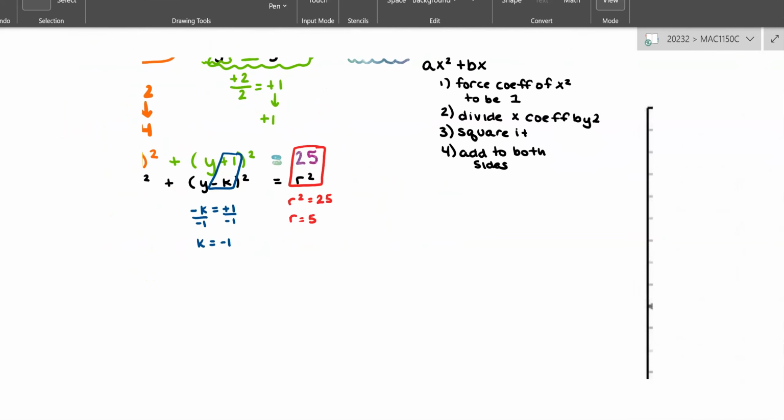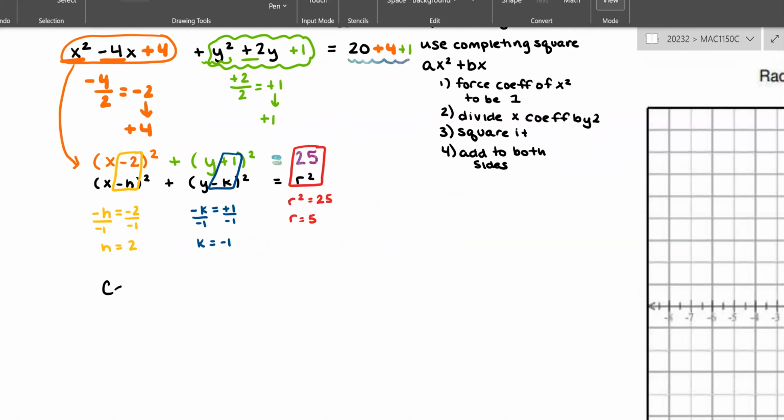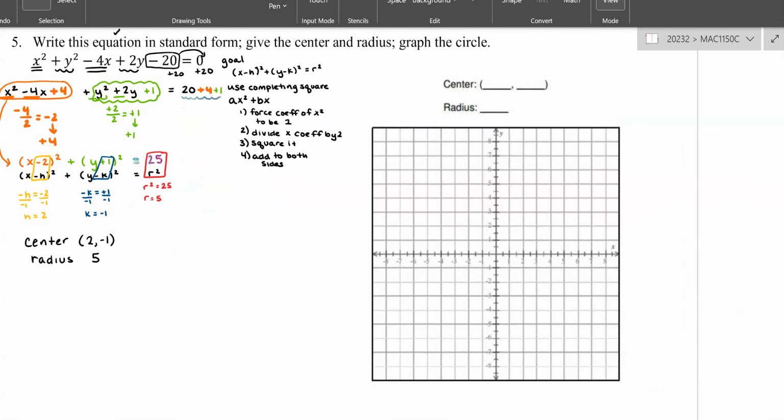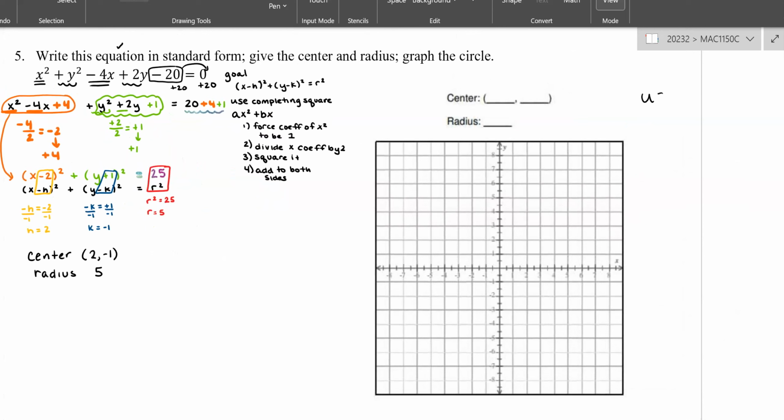So now what did that tell us? That told us that our center is (2, negative 1) and our radius is 5. Now, to graph this in Alex, all you're going to do is use the circle button. So you'll be on the graph, you'll hit the circle button, and then the first thing it's going to ask for is the center.